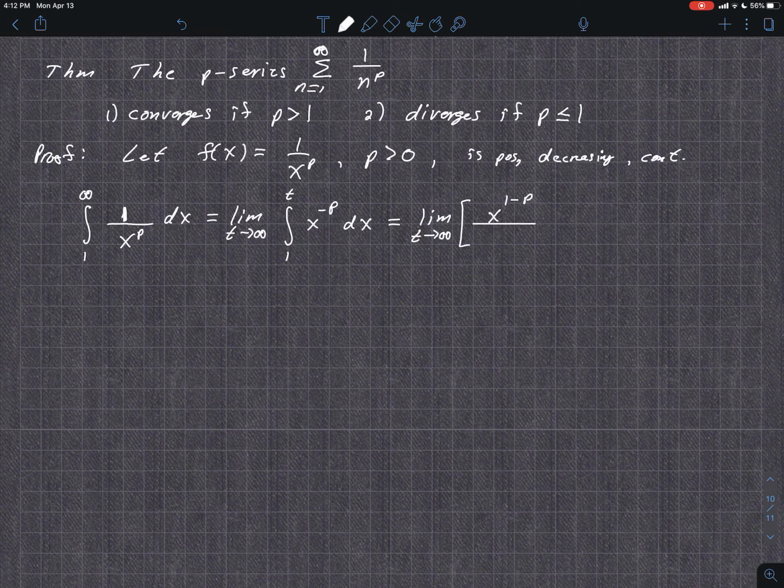You're just applying the power property for integrals, or antiderivatives, from 1 to t. So that's equal to 1 over 1 minus p times the limit as t approaches infinity of t to the 1 minus p, minus 1. Take a second to see why that works.